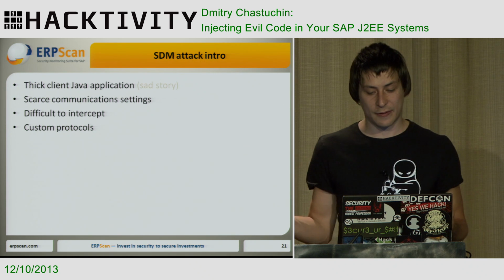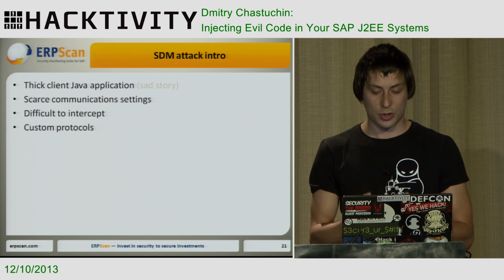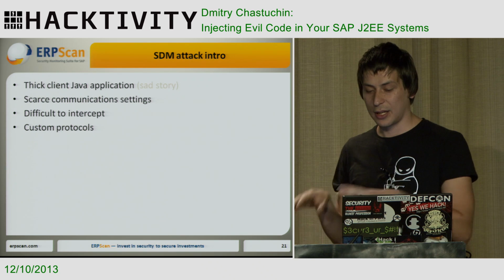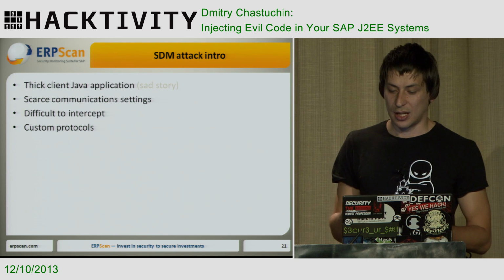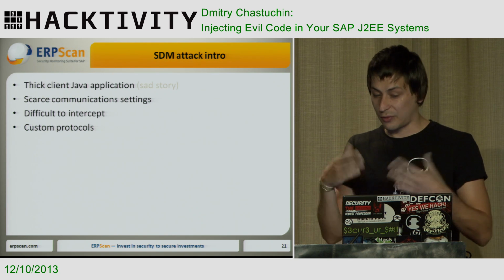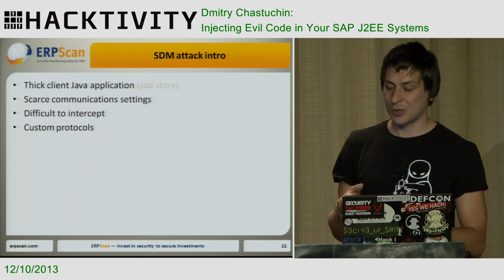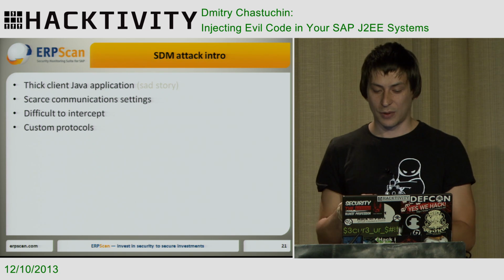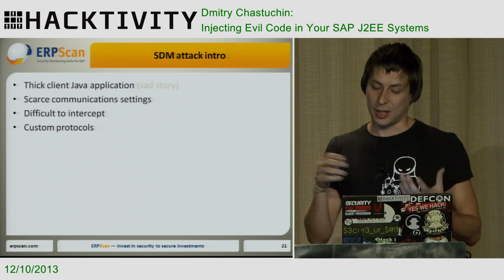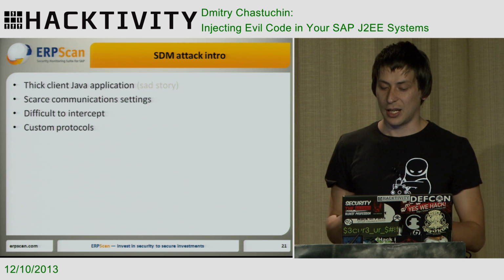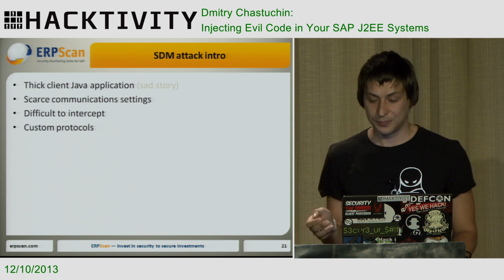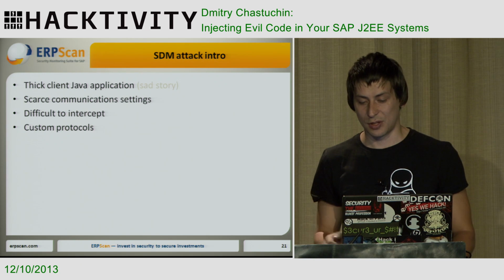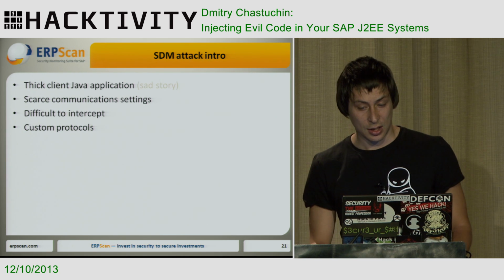SDM is a fat client. What is the main difference between a web client and a fat client application? There are many tools for intercepting and modifying traffic of web applications, like Burp proxy, web inspector, etc. And there are few for fat clients, especially for Java.